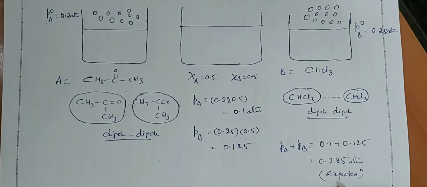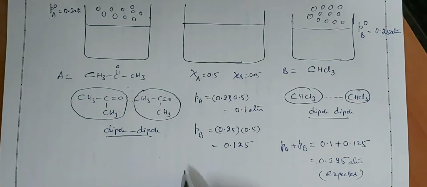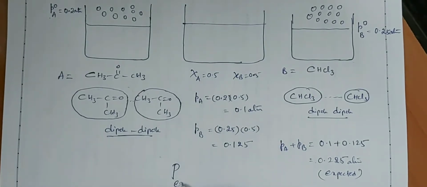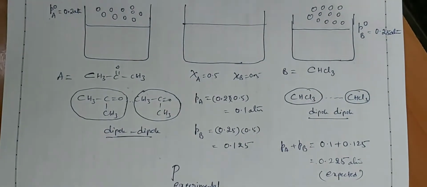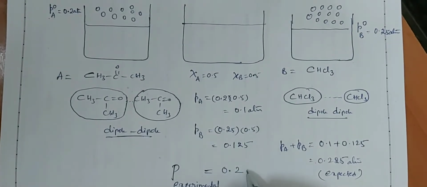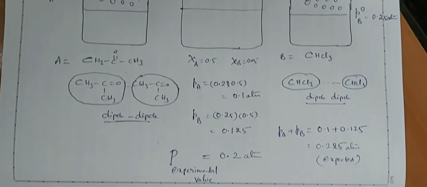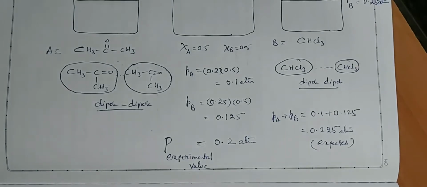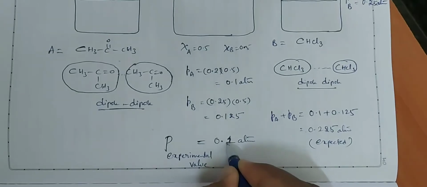But practically, after completion of the experiment, scientists observed that capital P experimental value as 0.2 atmosphere. Or otherwise 0.1 atmosphere we can consider.